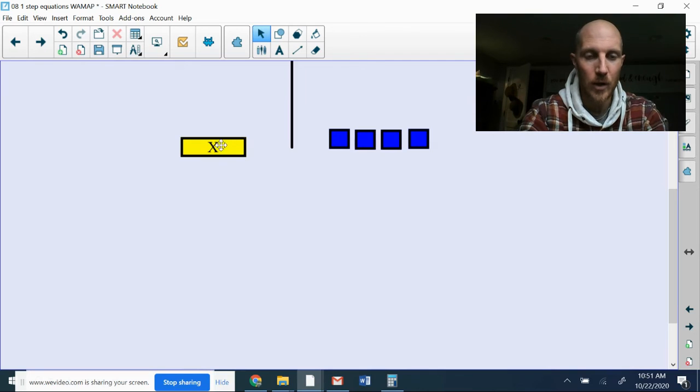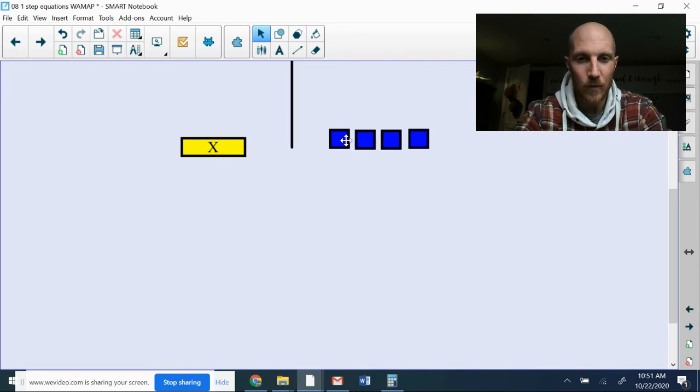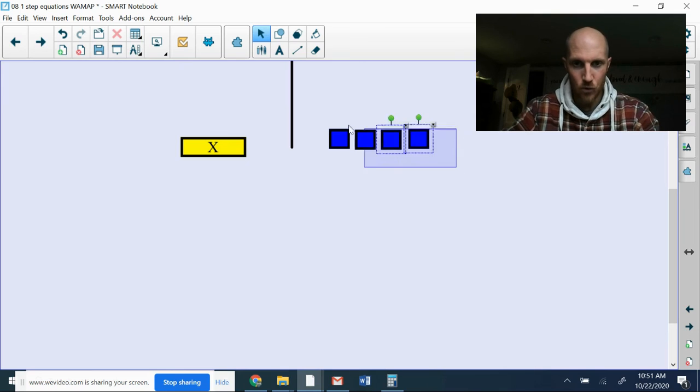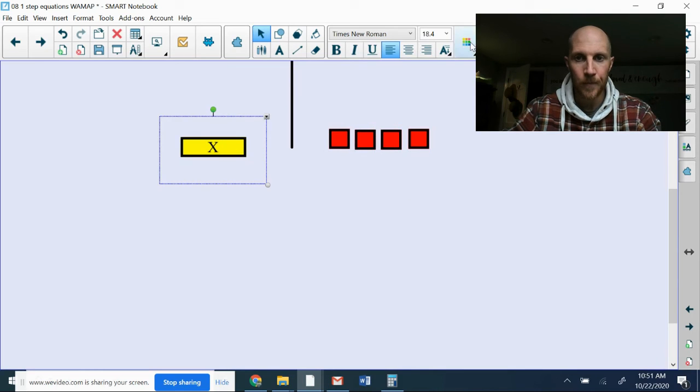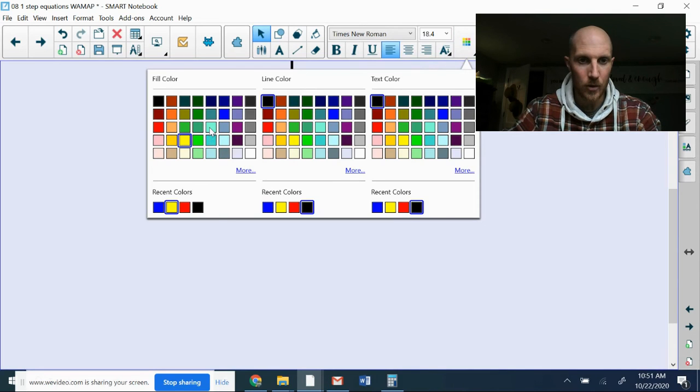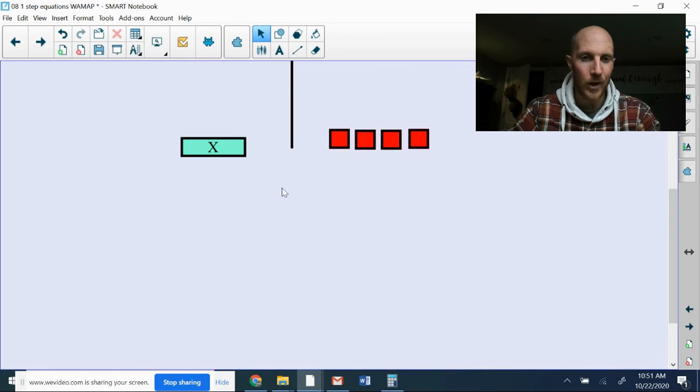So I can switch the yellow to cyan or light blue, and then I could switch these 4 dark blue squares to red, representing negatives. Oh, whoops, that's the wrong part. Change the color. And then on this one, change to cyan. Okay, so then positive x equals negative 4.